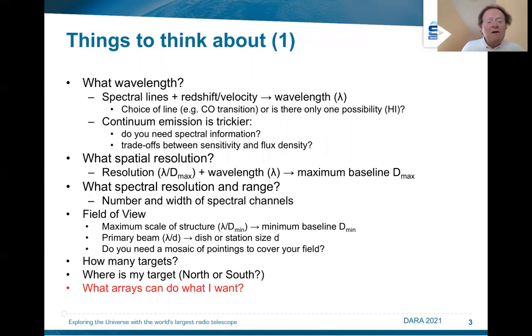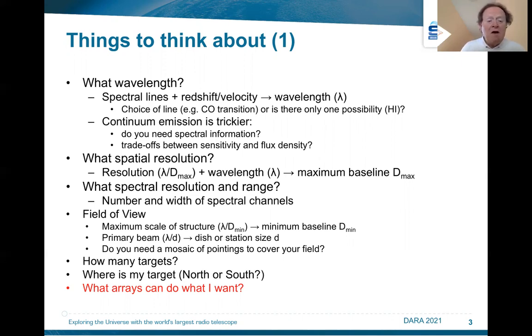The most important thing to think about is the wavelength and sensitivity of your observation. So let's start with the wavelength. Sometimes you have no choice as to the wavelength at which you must observe. If you want to observe a specific spectral line at a specific velocity, then the wavelength is determined for you and you have no alternative.